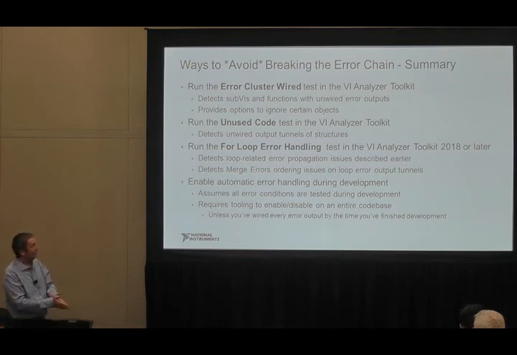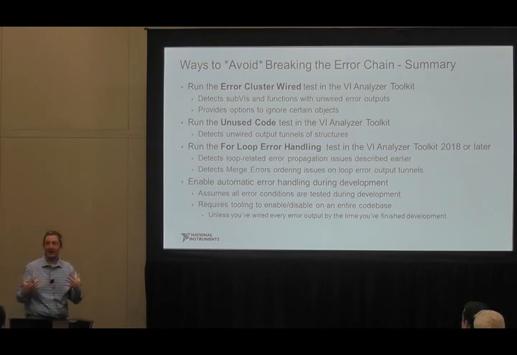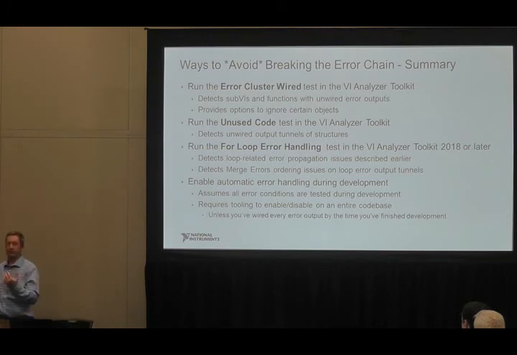So another thing is that assuming you only want to run it during development, that means you need to add some tooling to your process where you turn it on for everything while you're debugging and testing, and then you turn it off for everything once you're ready to deploy your code. So that's Stephen's bullet right there. Take it with a grain of salt.